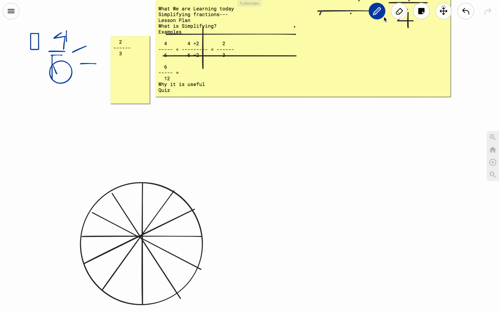Now the next step, why wouldn't we leave it in a form like 3 over 6 or 2 over 4? Because, as you know, we humans, even if you don't want to admit it, we want simpler stuff.